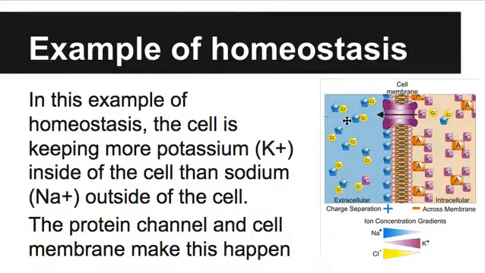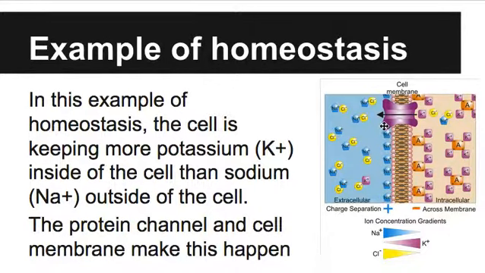Okay, so here's an example of homeostasis. In this example, the cell is keeping more potassium inside of the cell and sodium outside of the cell. The protein channel and cell membrane make this happen.